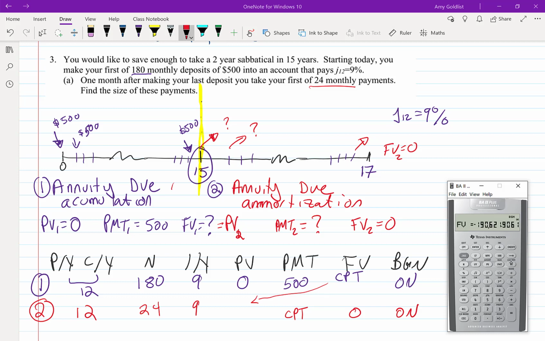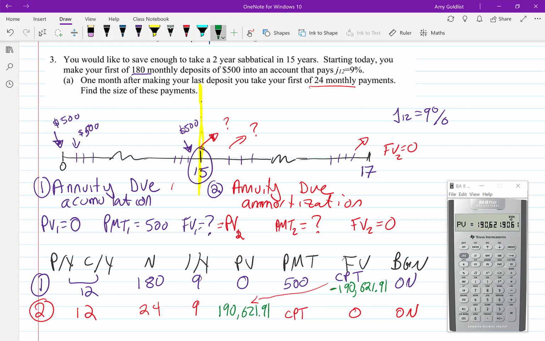Now I can compute the future value, and what I'm going to end up with is, let's use a different color, $190,621.91. I'm going to store this again. Store 1 because I might need it later, but I'm also going to just go ahead and plus minus, put that right into present value.